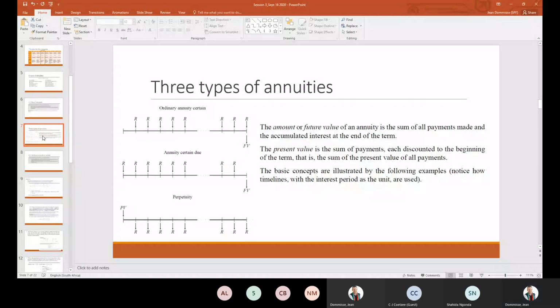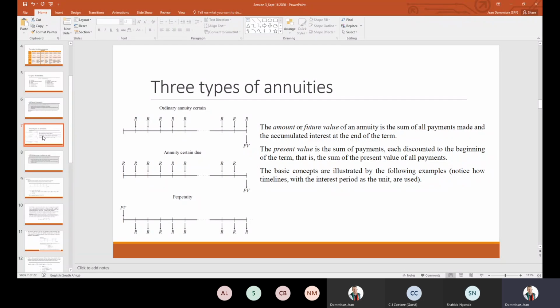And I think very important when you're working with a calculator, the ordinary annuity we will do exactly like we did in the previous session, when you work out present value, future value. The only difference in this one is that the payment or the monthly amount will be included.